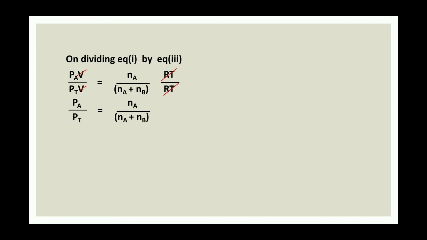What is Na by Na plus Nb? It is mole fraction, number of moles of component by total number of moles. So we are arriving at another equation of Dalton's law. Pa is equal to Xa into P total. So for Pb we can write Pb is equal to Xb into P total.